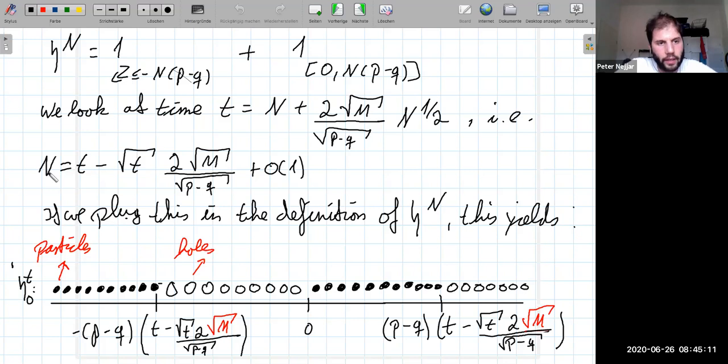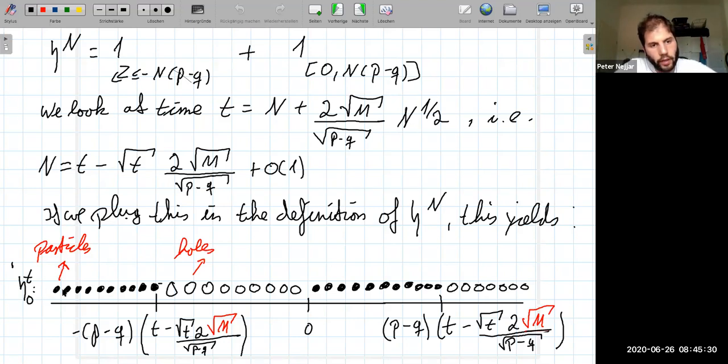Now I can plug this value for n into the definition of eta n, and this gives an alternative description of the initial configuration, namely the following initial configuration.